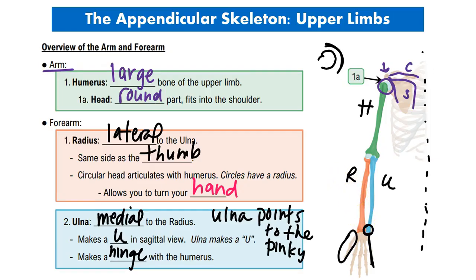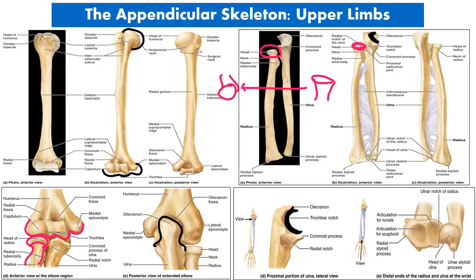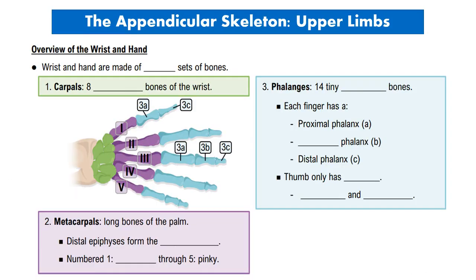Let's move on to our hands, okay? So we're at the appendicular skeleton where we're talking about the upper limbs, and our focus is going to be the hands. Orient ourselves. We have the shoulder girdle, and the glenoid cavity is going to attach the head of the humerus, and the humerus is going to articulate with the radius on the thumb side, and of course the ulna on the pinky side, okay? That's one thing we know.